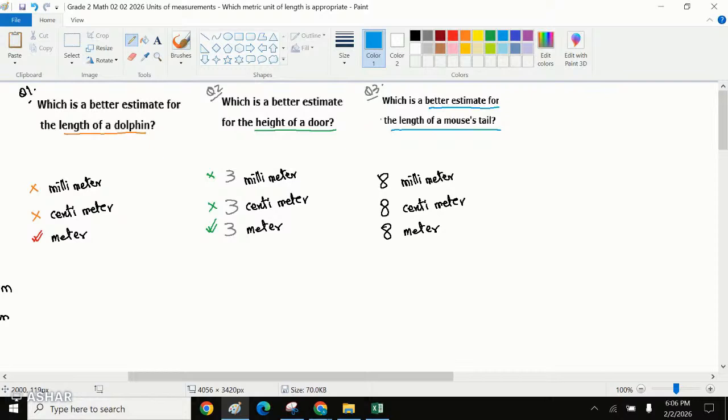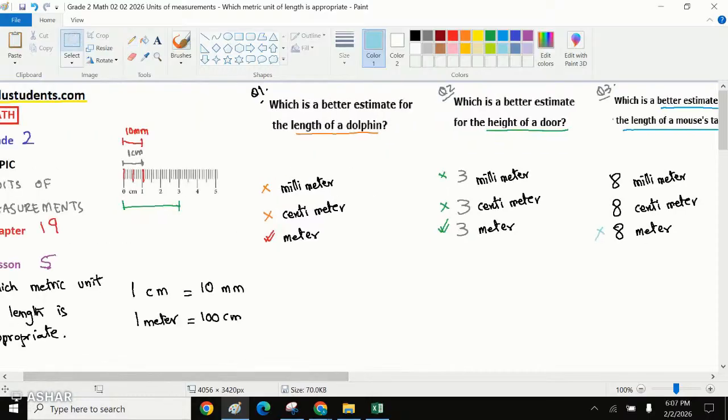We know that a mouse tail cannot be 8 meters long, right? 8 meter is maybe, if our height is 6 feet something, that is 1 meter, right? So 6 times our height. No. 8 millimeter is this.